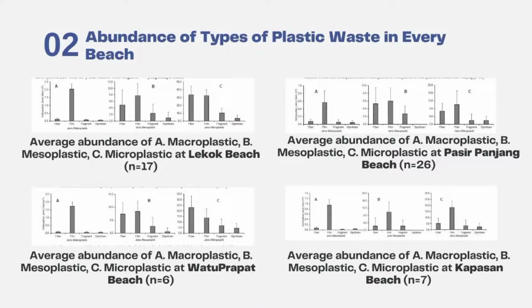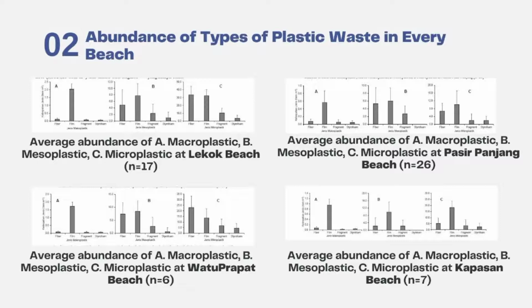2. Abundance of types of plastic waste on every beach. A. Lekok Beach. The abundance of types of plastic waste on Lekok Beach has different variation between sizes. For the microplastic category, the film type was found to be 4 times higher compared to the other types, with fiber and fragments lower and styrofoam found at a very low value.